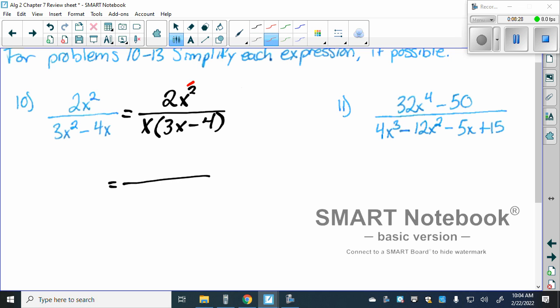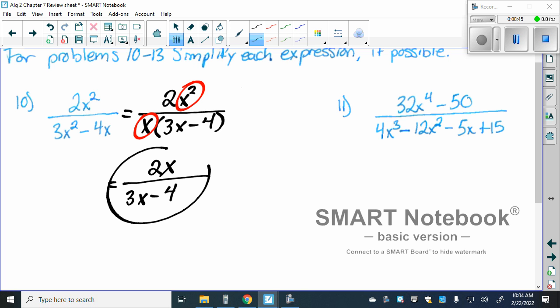And well, our x squared over x does have a greatest common factor of x, which we can simplify out, which would leave us with 2x in the numerator and 3x minus 4 in the denominator. And really, that's as far as it goes. That's as far as we can take it, because the denominator of 3x minus 4 is a single term. We can't do any simplification that way. And that's it.